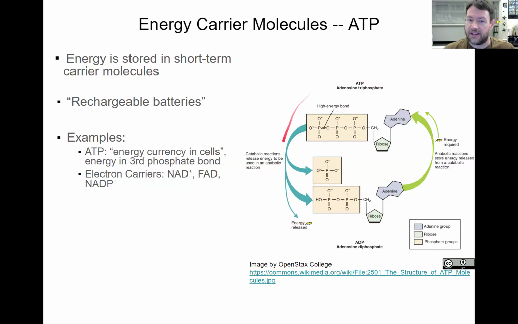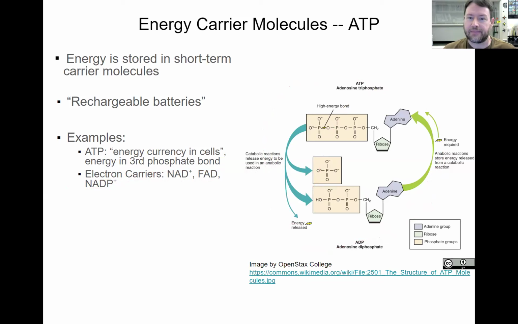So this is a cell's main source of short-term energy. There are some other energy-carrying molecules that we don't need to get into here. But there are some electron-carrying molecules, or electron shuttles, as I like to think of these. And these are molecules like NAD+, FAD, and NADP. And we'll see those later on.